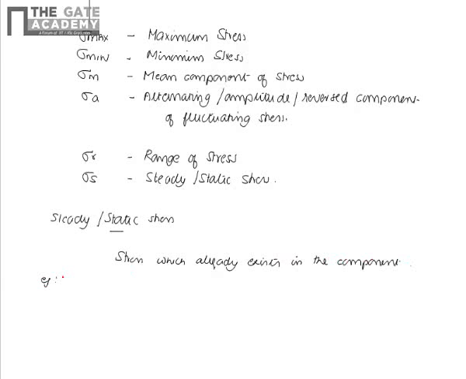Examples are preload in components, or the spring stiffness. If we use springs in the assembly, then initially it is compressed and kept in place, so it has a compressive preload in the component. That is called the static or steady stress.